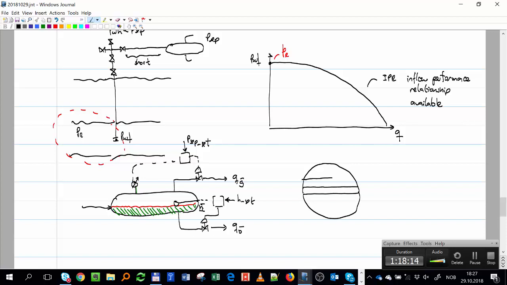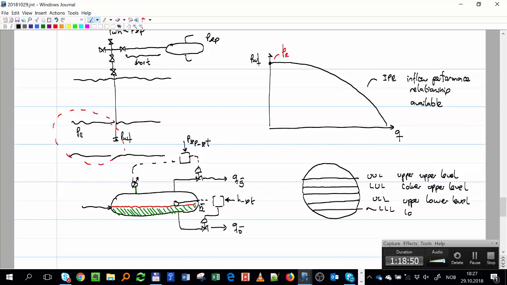We actually have a few layers: the low level, lower upper level, upper lower level, and upper level.